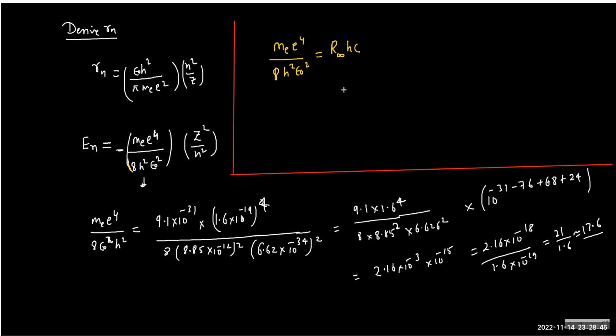This is again very, very important for you. What is R? Rydberg's constant. There is a formula for the Rydberg's constant, and we write R infinity for a certain reason. Actually, I'll tell you why.